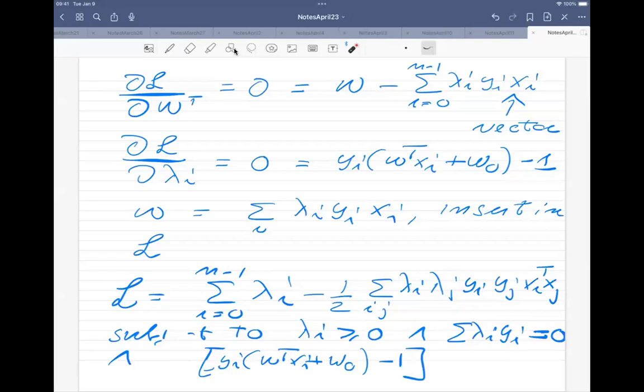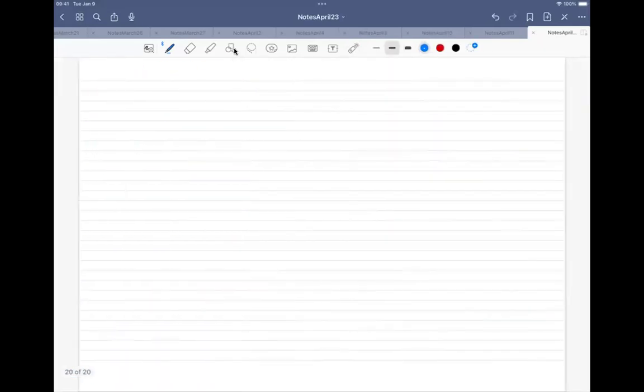So x of i is then on the boundary, and that defines the margin, and that defines the so-called support vector. So the x of i which we have here defines what is normally called the support vectors, because from this relation which you see here, we can then define the values, because we have y times (w^T x of i plus w0) equal to 1.